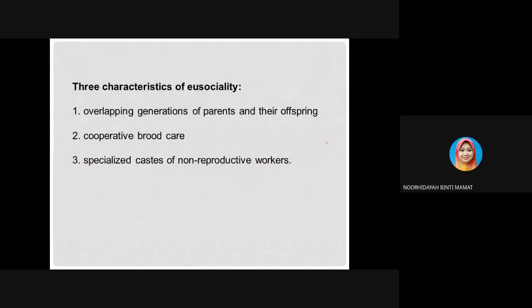So they have three characteristics of eusociality. The first one is overlapping generations of parents and their offspring. The parents produce the young, so they still have the younger offspring, and thus have overlapping generations.